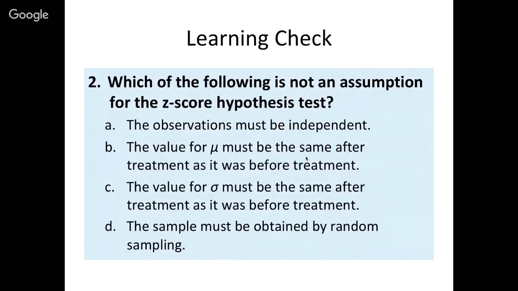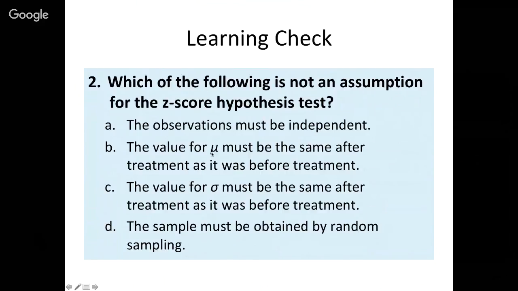Next one, which of the following is not an assumption of the z-score hypothesis testing? We have 4 assumptions. First one, observations must be independent. So it's not this one, it is an assumption. The sigma will not change, right? It is an assumption. And then random sampling, it is an assumption.